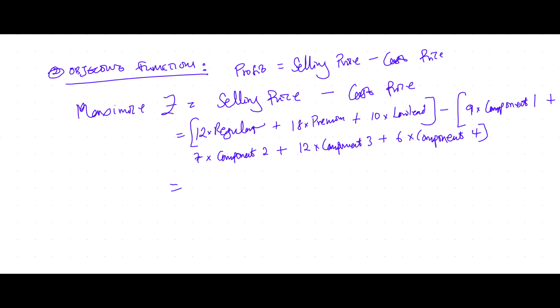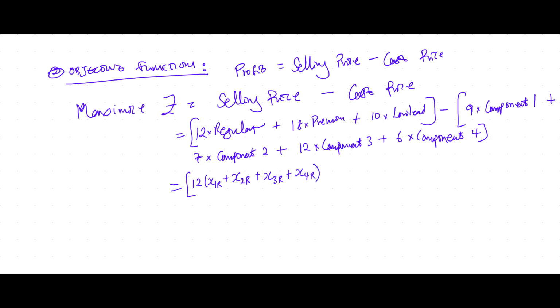All right, so when we come here, we can still use our R, which actually makes a lot of sense, or we get more meaning in that. So 12 times the regular. Remember, the regular is made up of component 1 in regular, plus component 2 in regular, component 3 in regular, plus component 4 in regular.